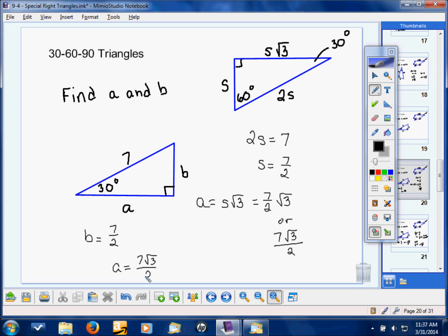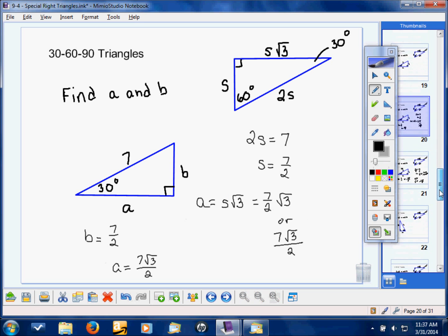But you should still know both and know that they mean the same thing. Okay? So if you have an odd number, it doesn't simplify down as nicely. The answer doesn't look as pretty, but it's still just as correct. So that's that one.